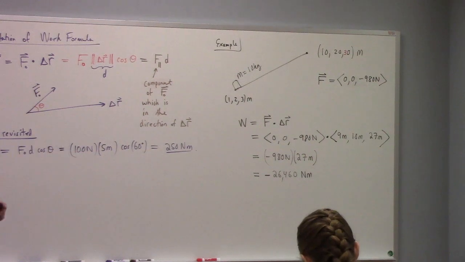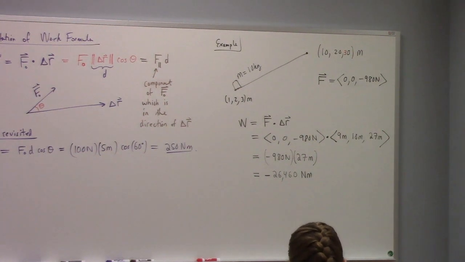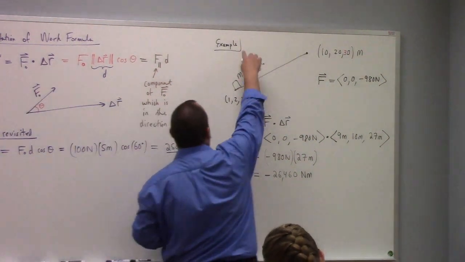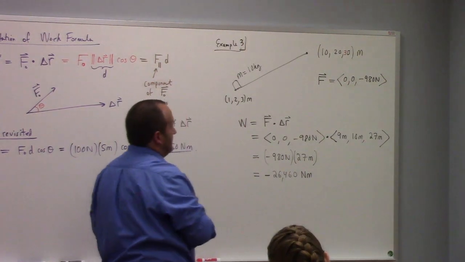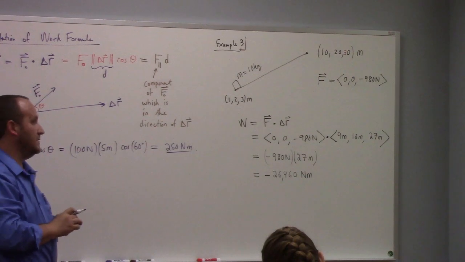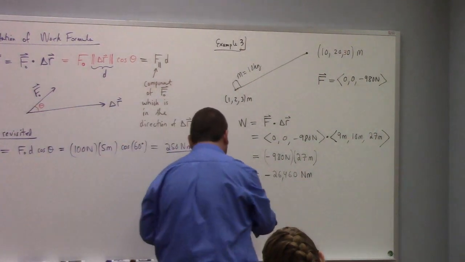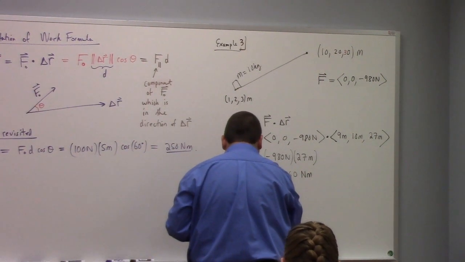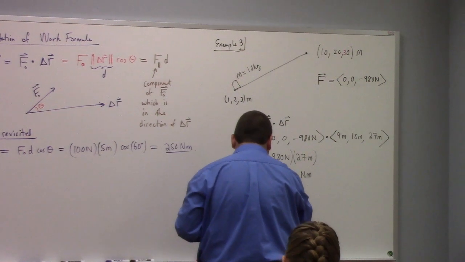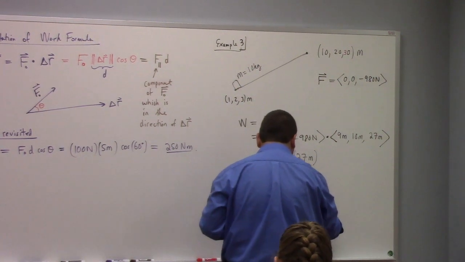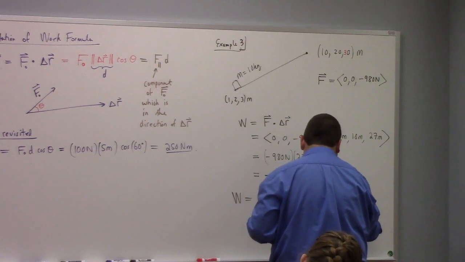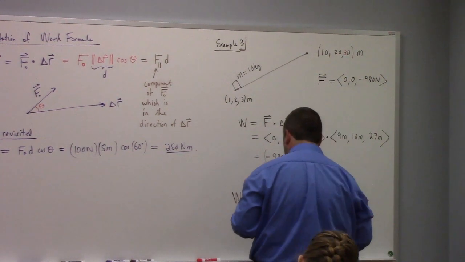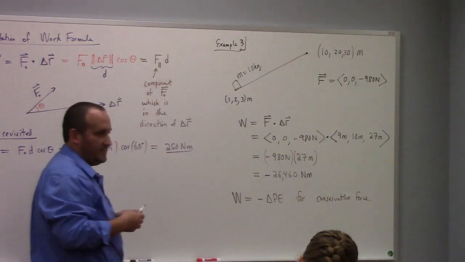There's another way we could do my third example, example 3. We could use potential energy, because the work done is also equal to minus the change in potential energy for a conservative force. This I'm just sharing with you now.